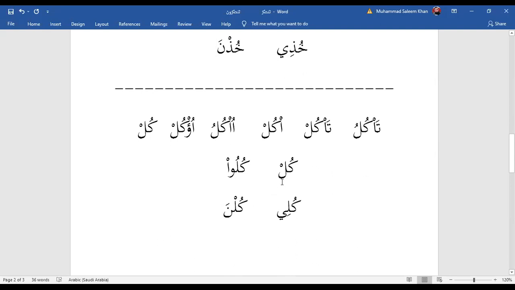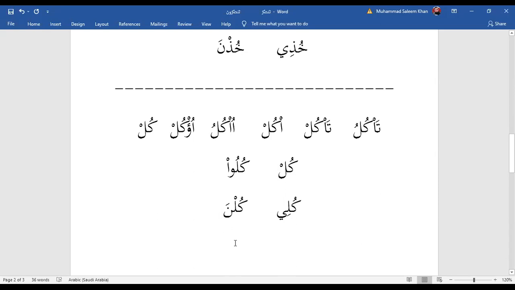So we need to be careful when we recite the Quran. We say, Qul ya ayyuhal kafirun, that is qaf, and this is kaf, kul, okay? Kulu washrabu wala tasrafu. So this is how it is used, kul. For the plural, it is kulu. For the singular feminine, it is kuli, and for the feminine plural, it is kulna.